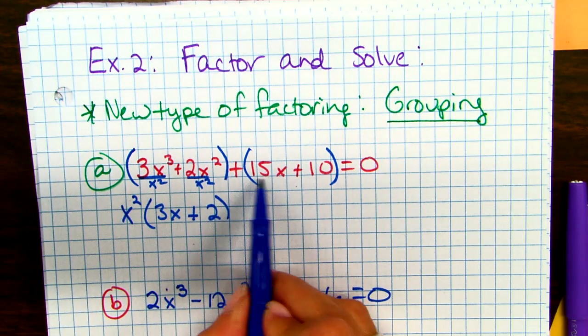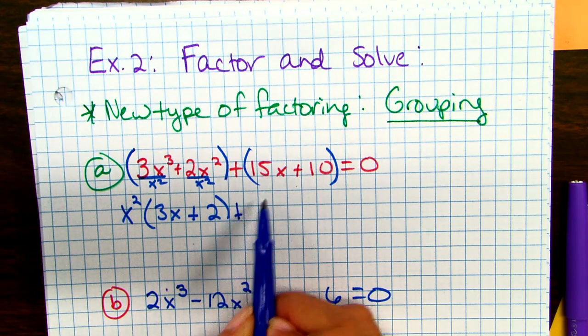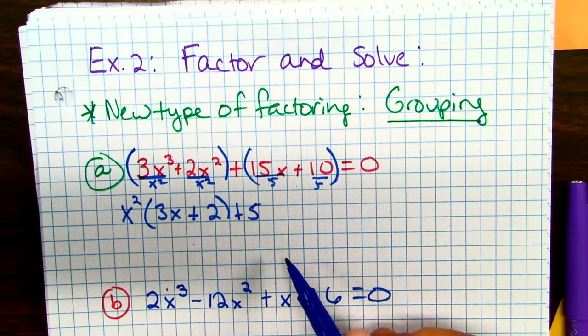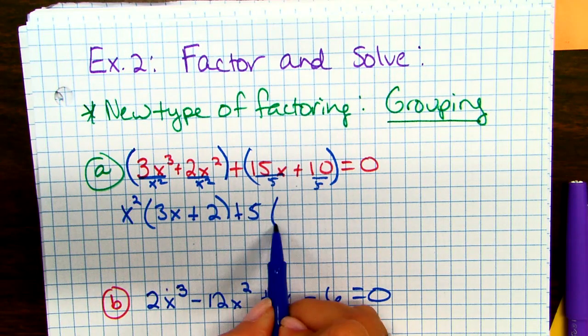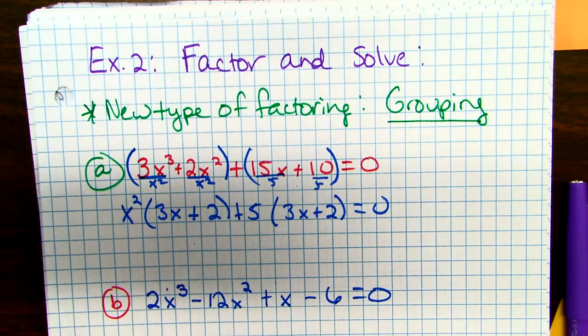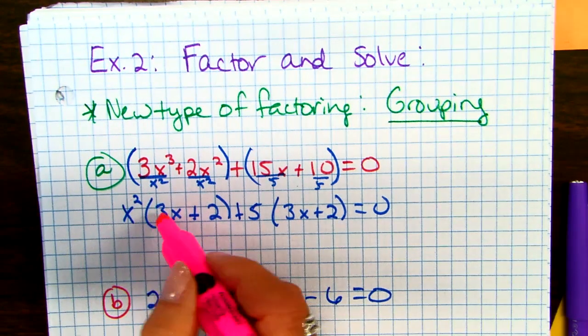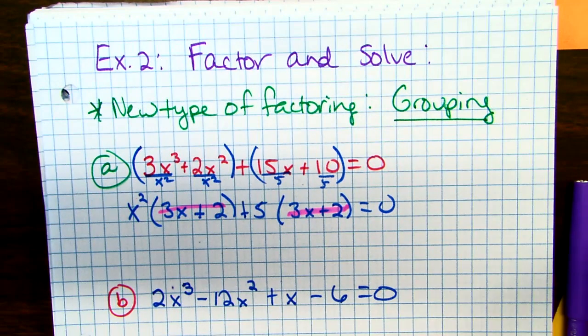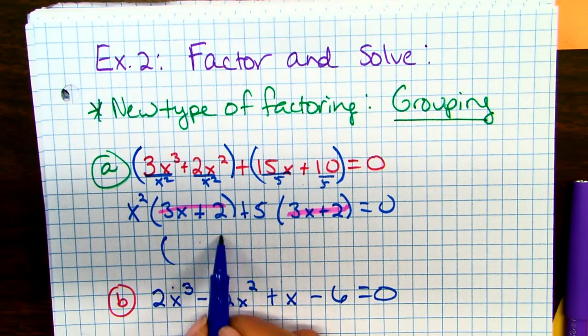What's the GCF of 15x and 5? It's 5. Yeah. Divide these both by 5. And remember, my parentheses should always be the same. And now we write our factored answer. So 2 parentheses.